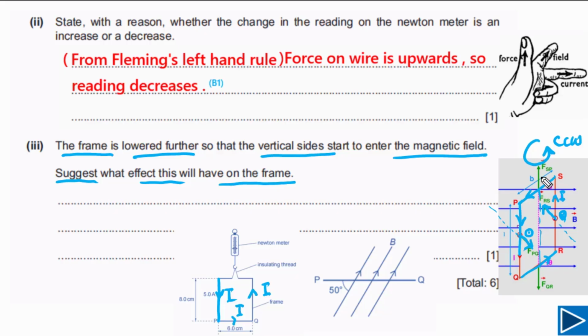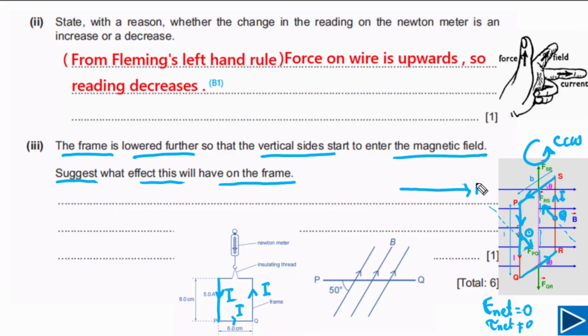If you look at the resultant force acting on this loop, meaning these four forces, the resultant force will be equal to 0. But the net torque is not equal to 0, because this force out of the page and this force into the page will cause a rotational effect. And now I will just look at side PS.